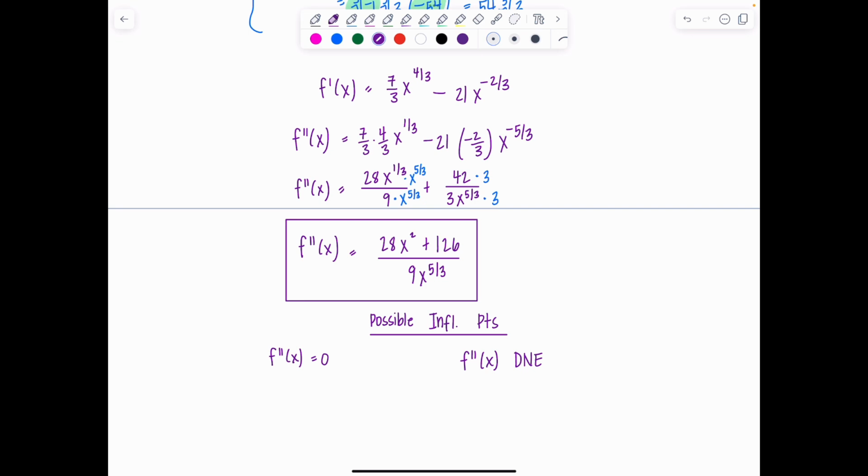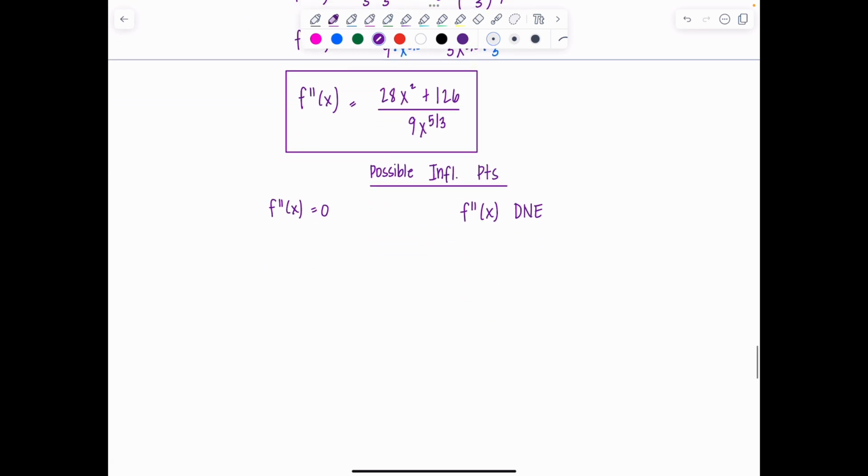Second derivative would be 0 if the numerator was 0, 28x squared plus 126. But let's stop and think about that. Can that be 0? No, right? That would mean 28x squared is a negative number. That's not going to be possible. So that doesn't give me any possible inflection points.